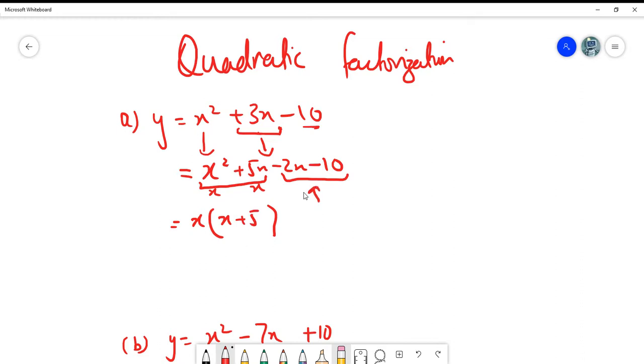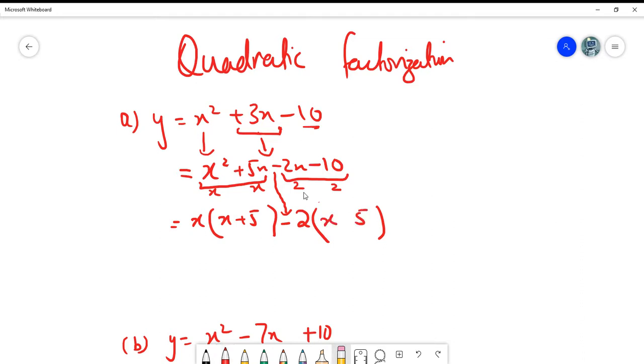Now for the next part, which is minus 2x minus 10. The number common here is 2. Also, you can see the sign here is negative. This sign has to be brought down as it is. So I have to now divide both the elements by 2 because whatever you take common, you have to divide the elements by it. So 2x over 2 and 10 over 2. 2x over 2 will leave me with x and 10 over 2 will leave me with 5.